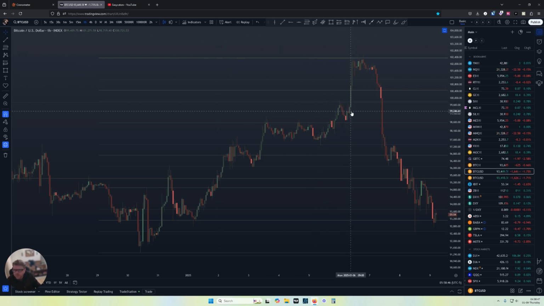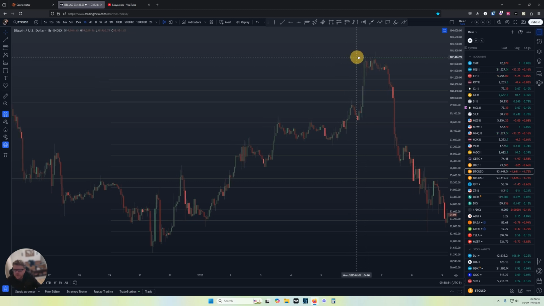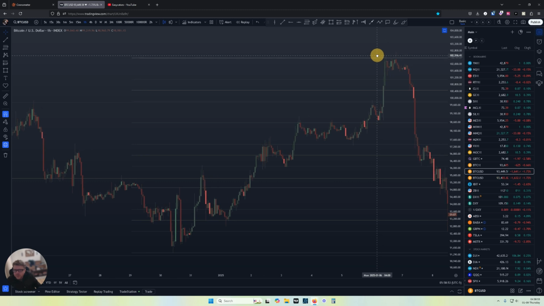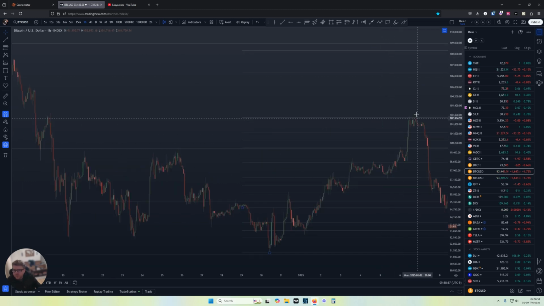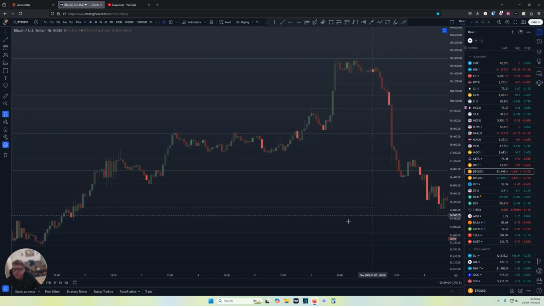On the smaller time frames, this looked like a really drastic move, but whatever entity or entities or forces control the markets, they wanted this line, and so it went to that line and stopped on a dime, essentially.